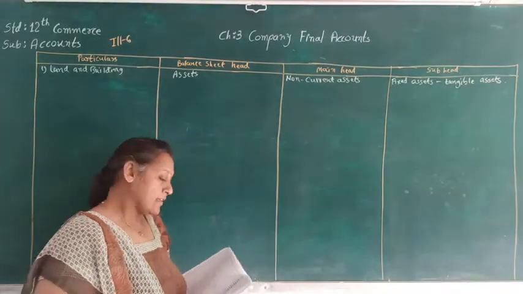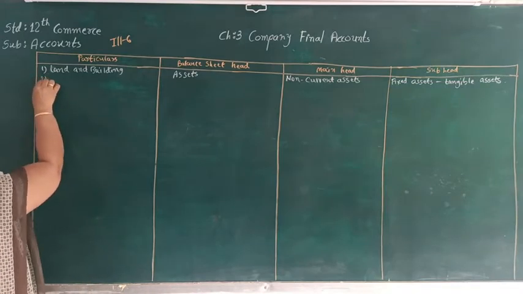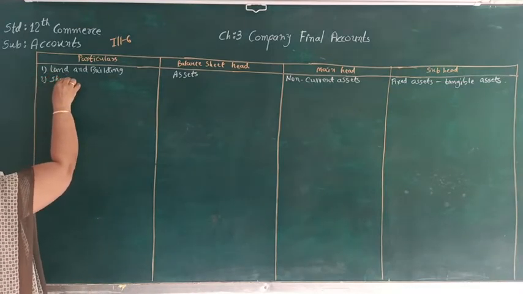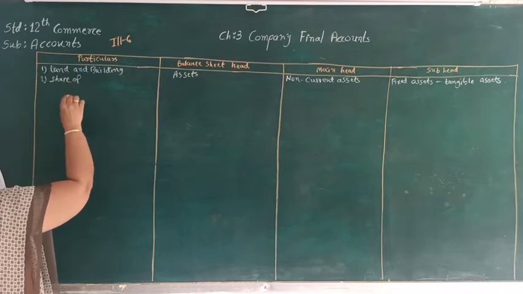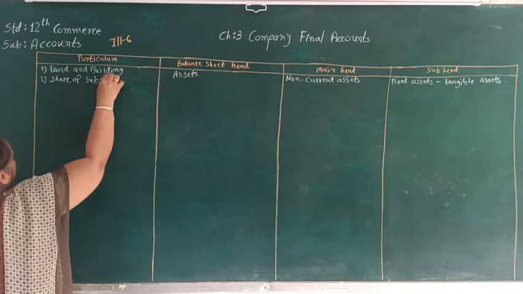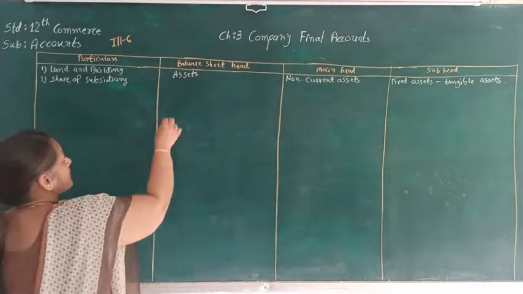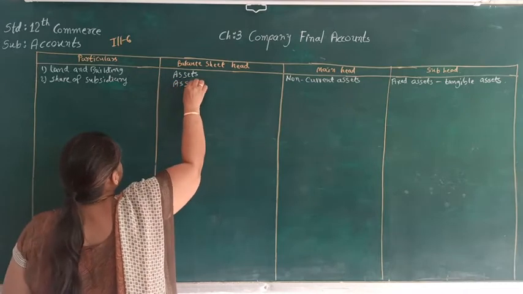Now let's see the second. So here the second one is share of subsidiary. That means it is share investment in the subsidiary company. So again it is our investment, so it should be on the asset side.